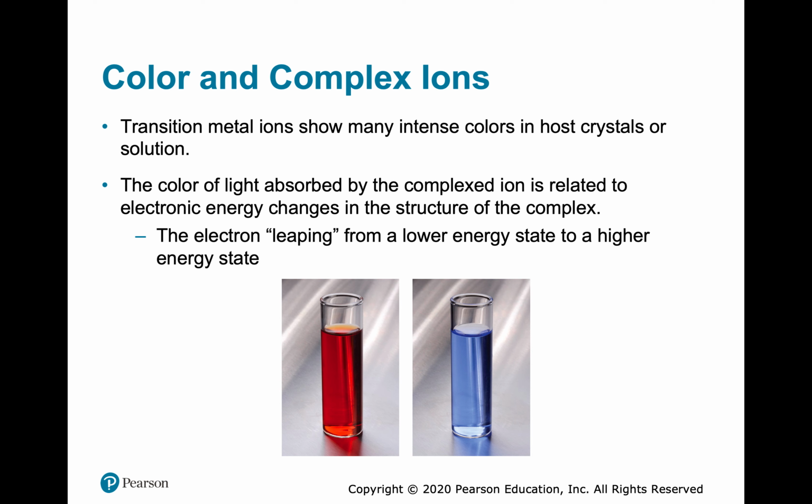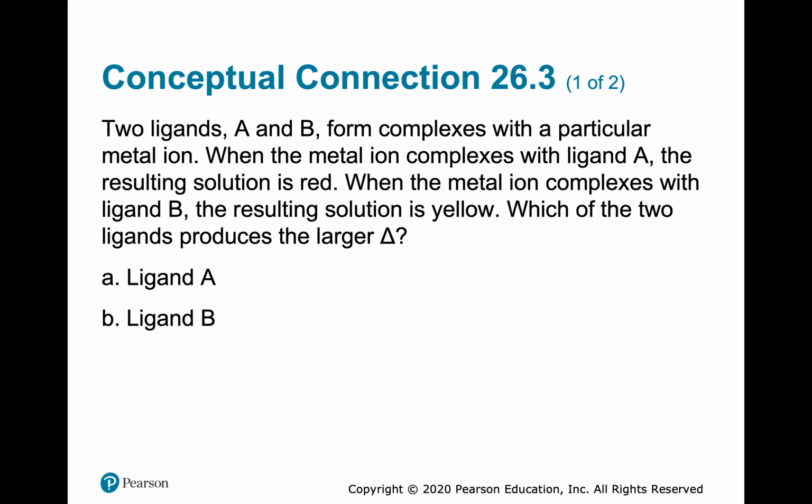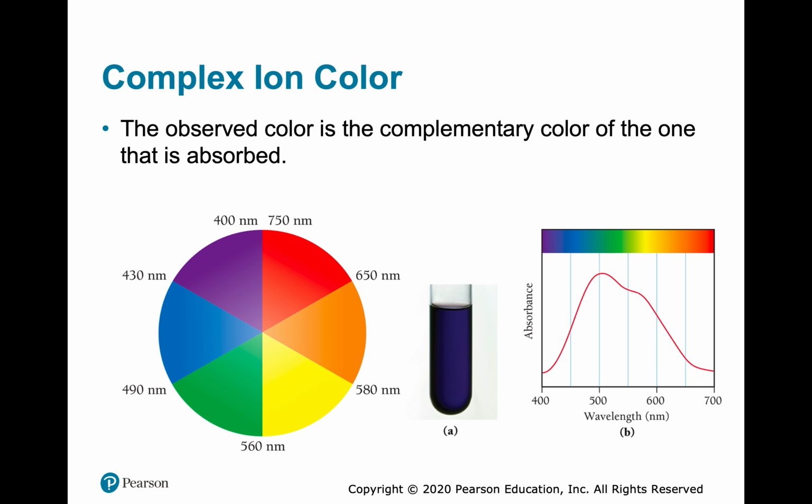Colors in solution and metals come from visible light and electron energies being absorbed. So let's talk about some complex ion color here.